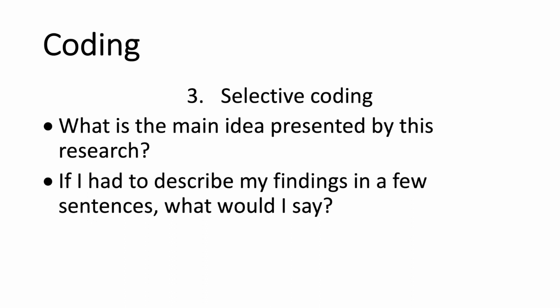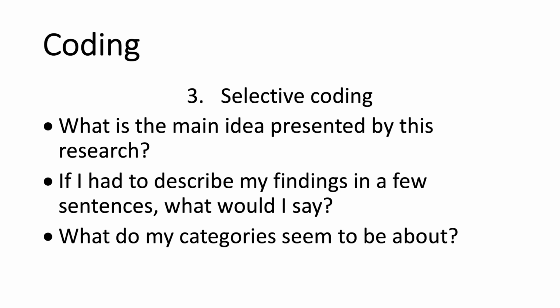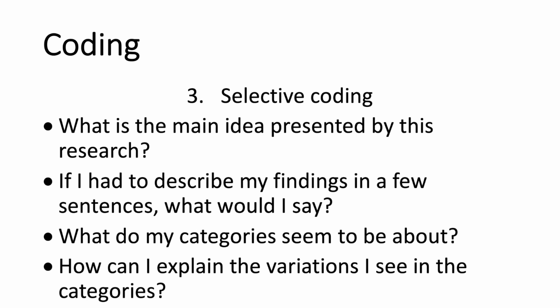If I had to describe my findings in a few sentences, what would I say? What do my categories seem to be about? And how can I explain the variations I see in the categories? At this stage, we aim at being more abstract to make our theory applicable to similar situations.